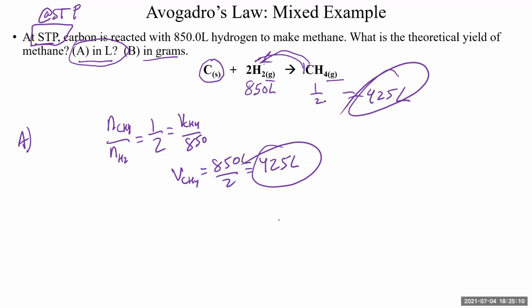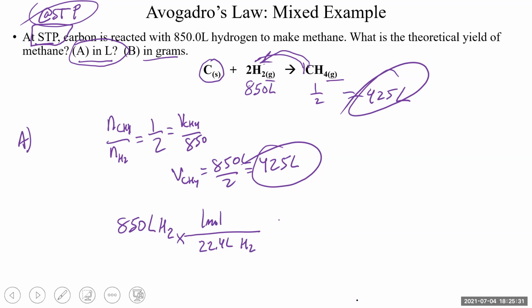Another way you could have done this was to invoke STP, and you could have said, okay, I know that at STP, every 22.4 liters of hydrogen gives me 1 mole. I remember that because it's STP. Otherwise, I'd have to plug all my numbers into the ideal gas equation and figure it out.